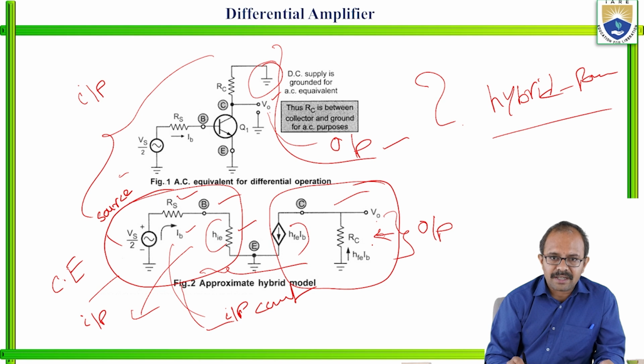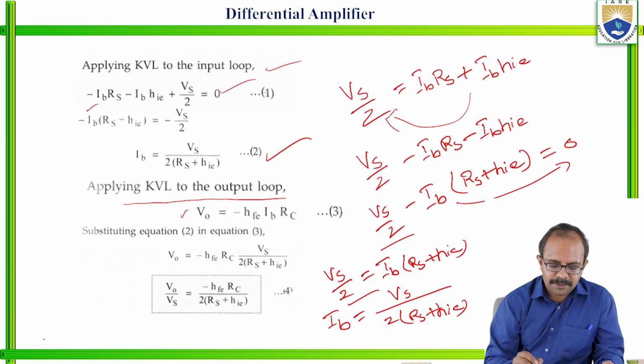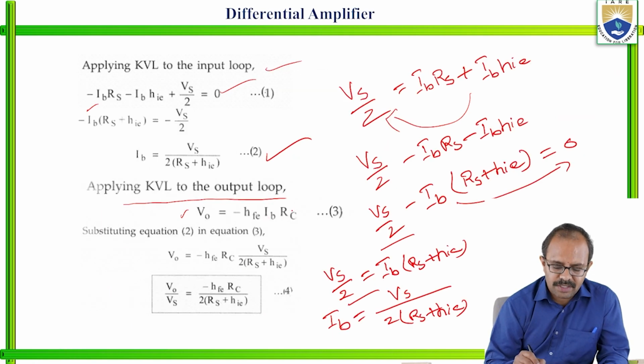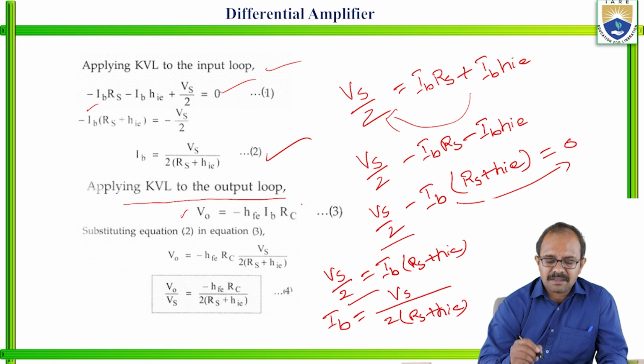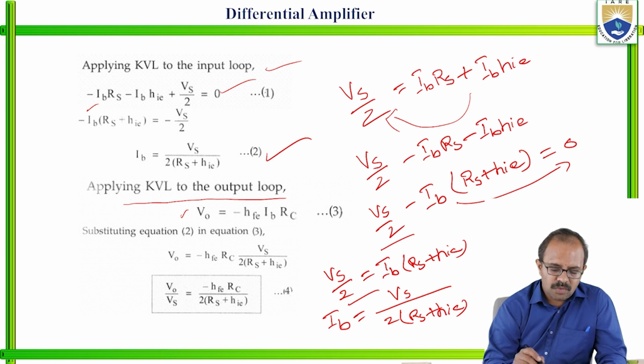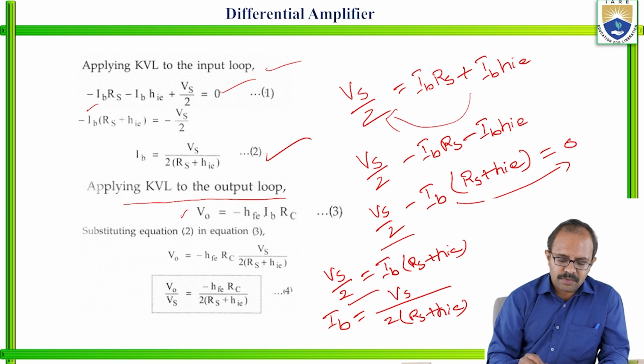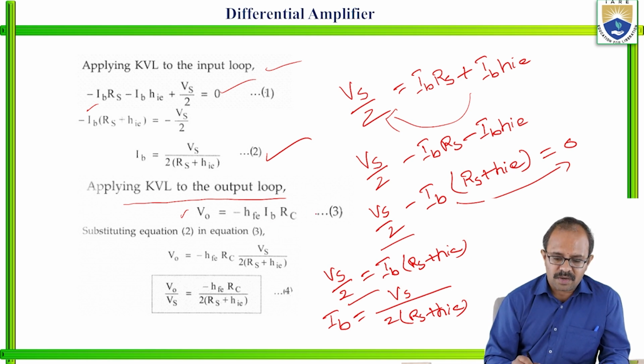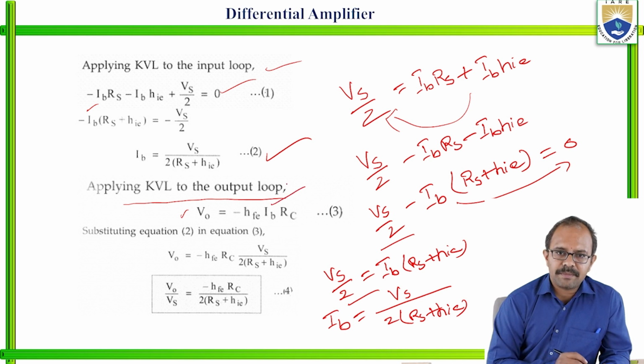It is measured across RC, that is the drop across RC, right? So what is that expression? It will become minus HFE into IB RC. This minus is because of the nature of the direction. So we define V0 is equal to minus HFE into IB into RC, and we have determined the expression for IB already.